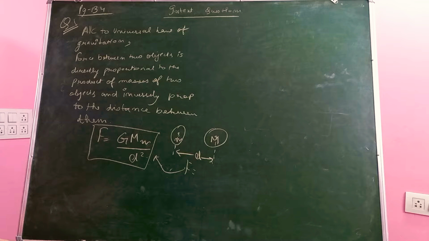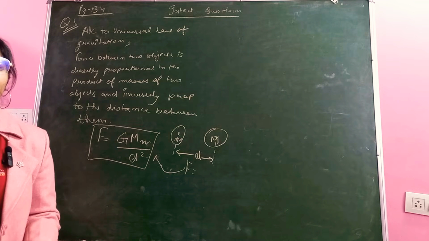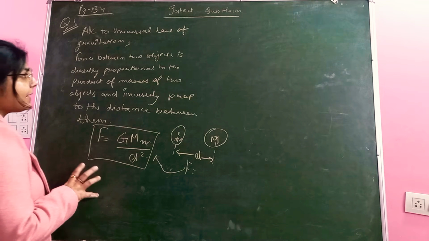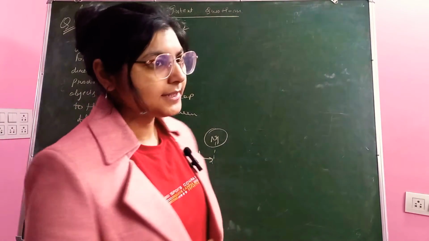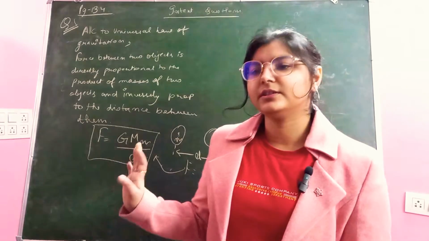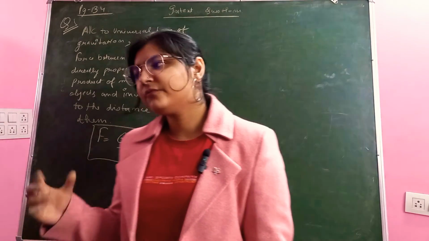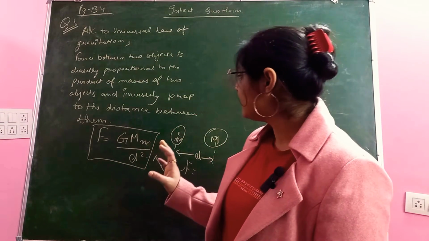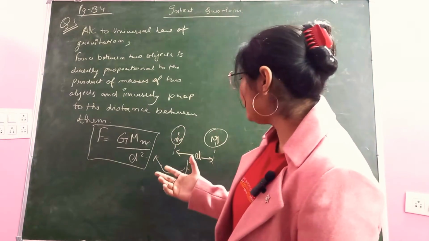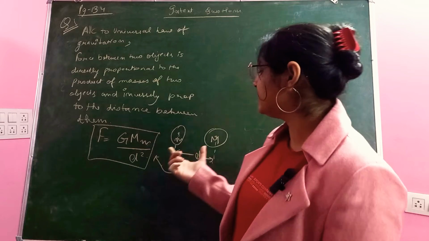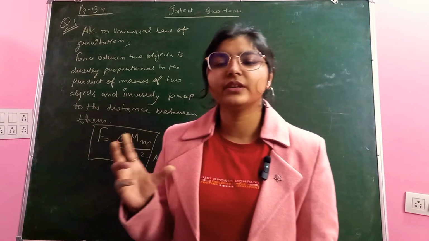Right? This was the statement given by which scientist? It was the statement given by Newton. Newton said that if there are two objects in the universe, they will apply force on each other, and that force will be attractive in nature. And what will the value of that force be? The value of that force will be directly proportional to the product of their masses.